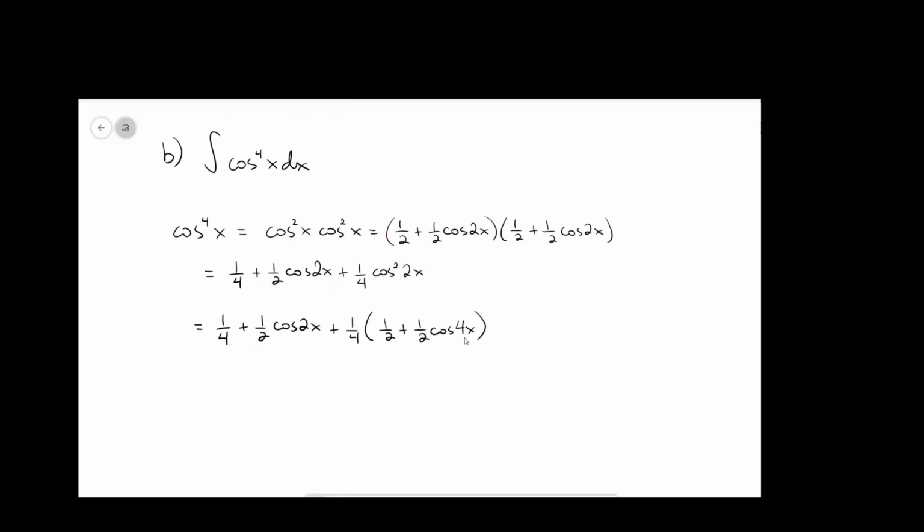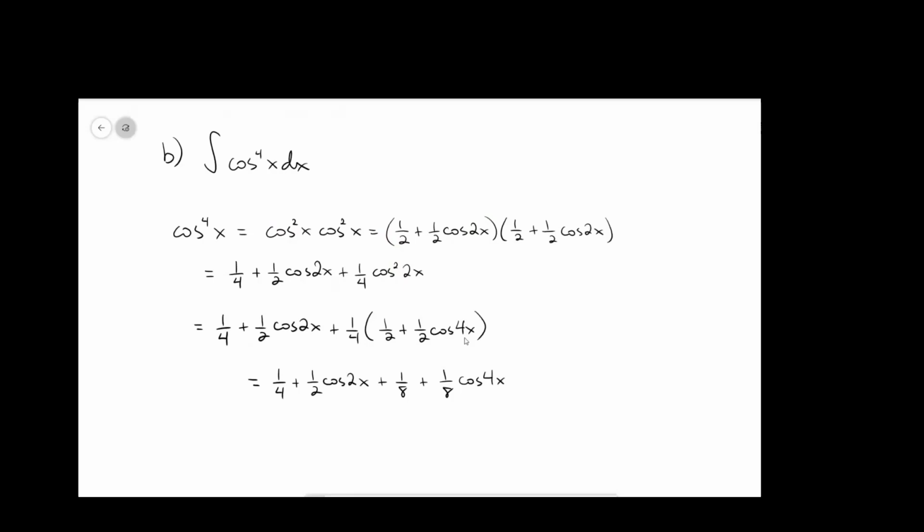Okay, so now we can distribute that 1/4 and simplify this as much as we can. In fact, I'm remembering from when I taught pre-calculus last time, we did this exact problem as an example, but we didn't do it as an integral.